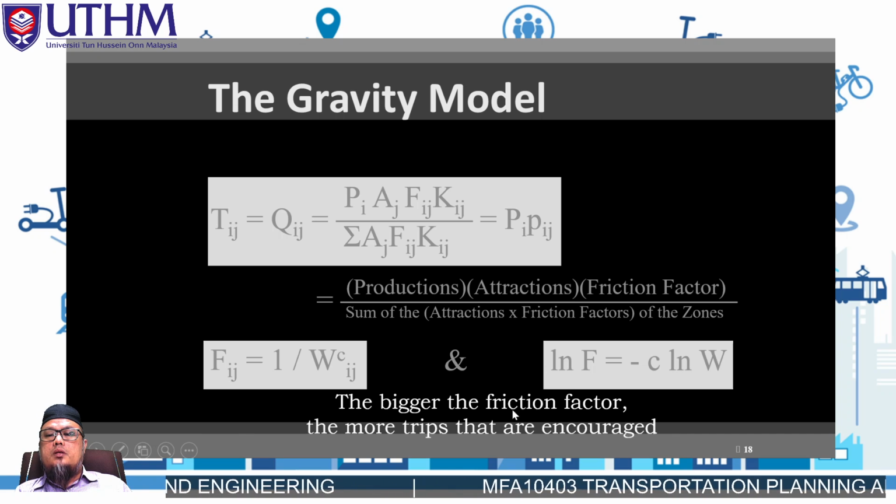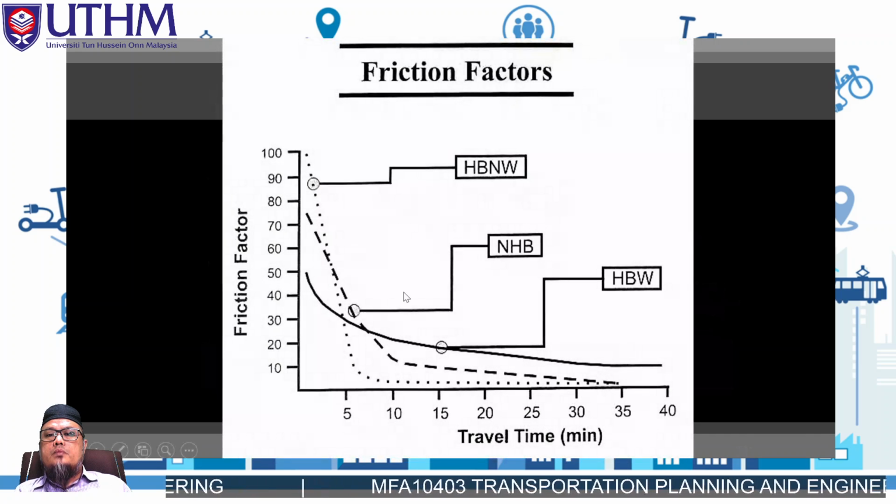The bigger the friction factor, the more trips are encouraged. These are the references for using the friction factors. The friction factor values are given by travel time in minutes, so we refer to these friction factors. This also depends on the type of trip: non-work based, home based, work based. This typical graph is referred to in order to obtain the suitable friction factors.